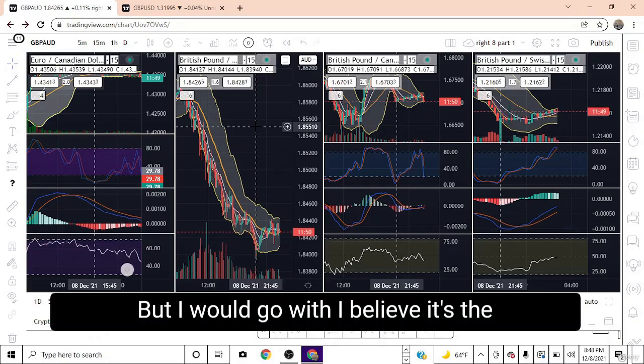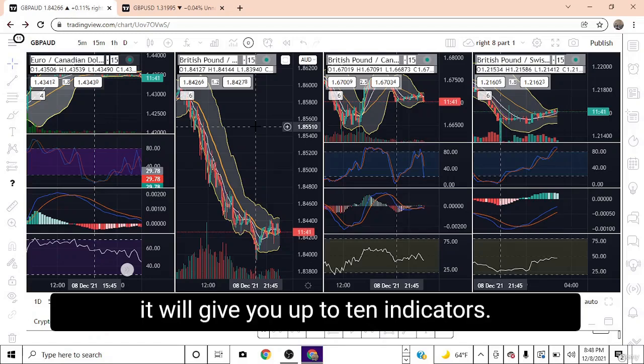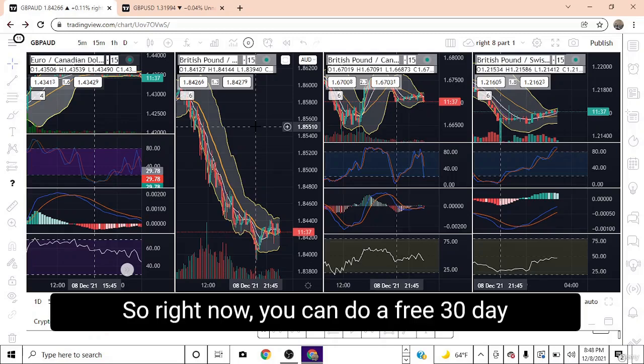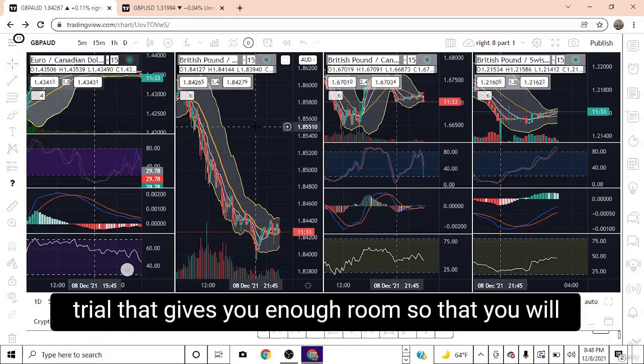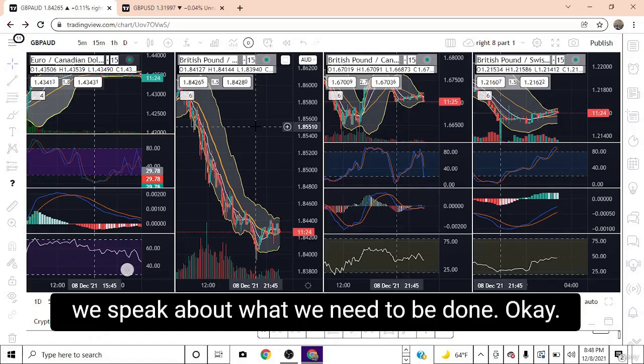It'll give you more, but I would go with, I believe it's the Pro, which is like maybe $29 a month, and it will give you up to 10 indicators. So right now you can do a free 30-day trial that'll give you enough room so that you will be able to place those indicators on the chart as we speak about what we need to be done. Okay?